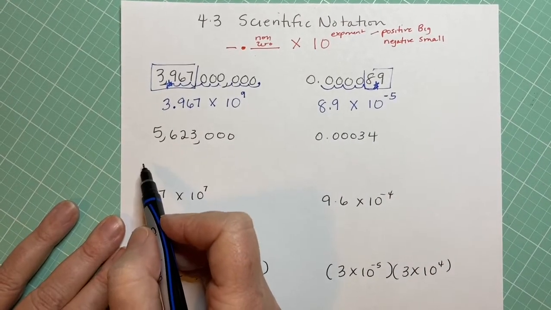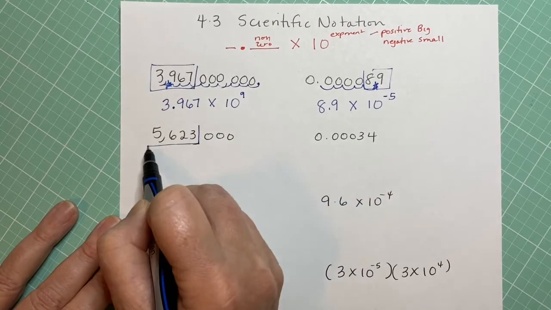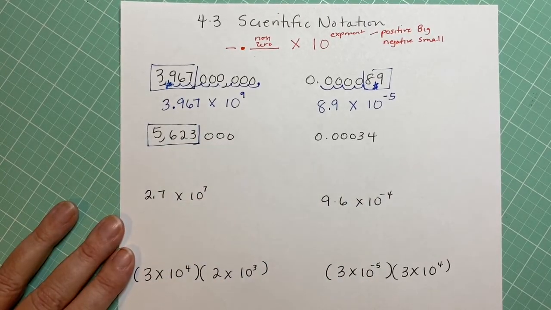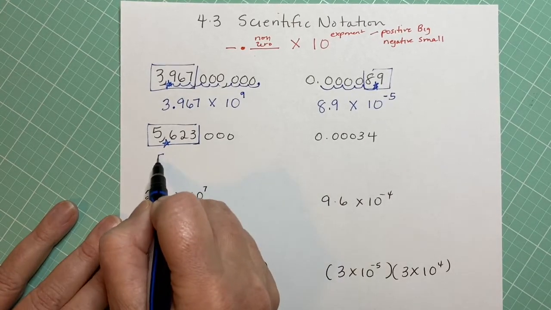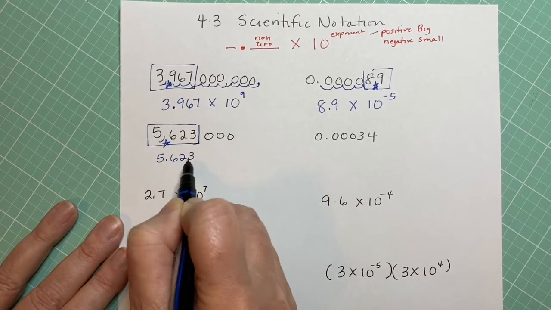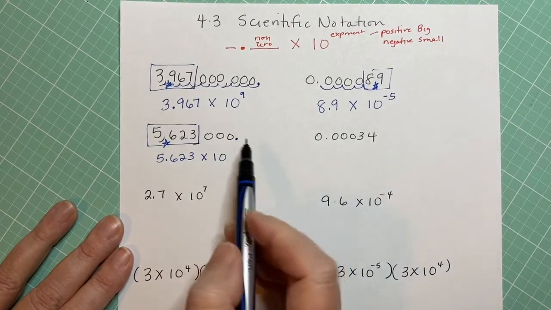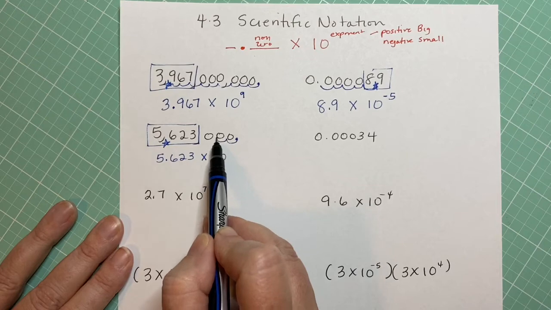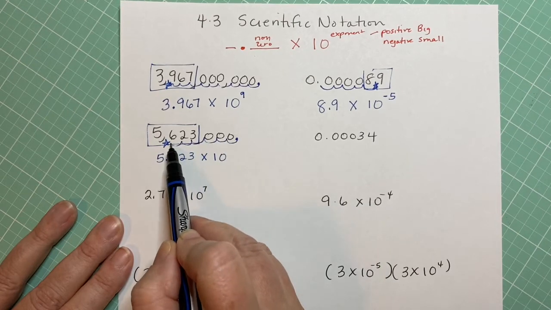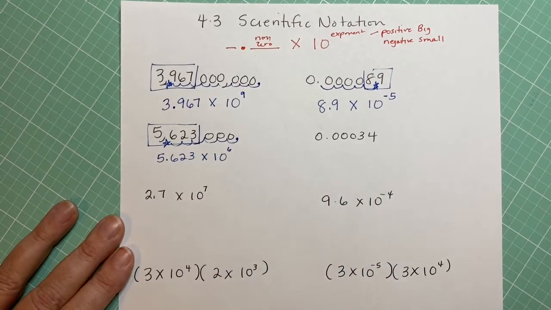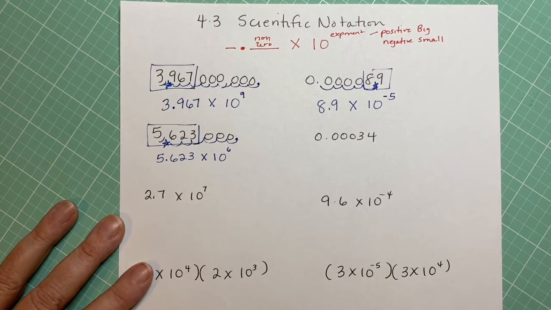A whole big number is going to be positive. Let's look at this next one. Again, we're going to look at the non-zero digits and put the decimal after the first one. So this would be 5.623 times 10, and then we have to count. The decimal originates there, so we'd move it 1, 2, 3, 4, 5, 6. So it's a positive 6 there.